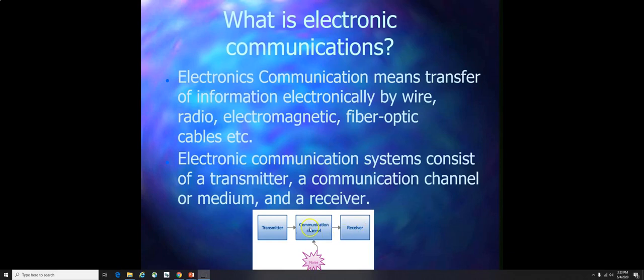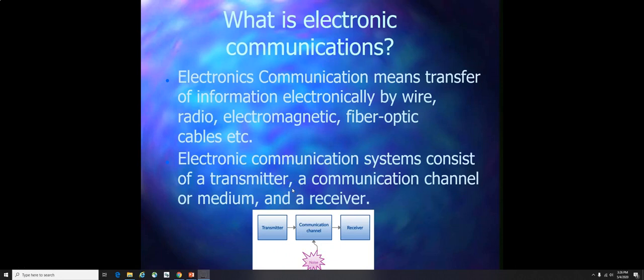So here the message is in the form of an electronic signal, and it is fed from a transmitter, and it travels from the transmitter to the communication channel and from here to the receiver. Along the way you can see there is noise which is added in the communication channel and is transferred to the receiver side. This noise is the general term applied to any phenomena that degrades or interferes with the transmitted information.